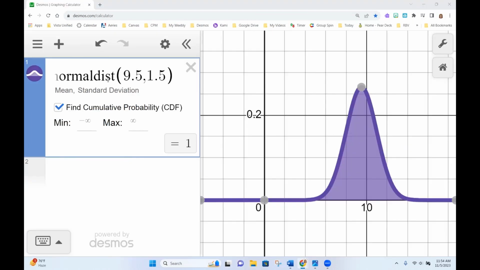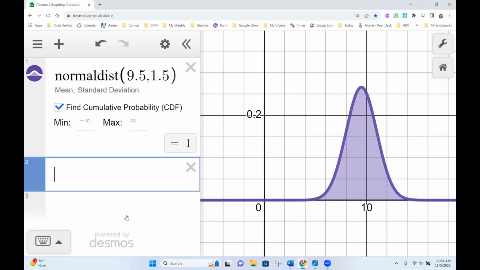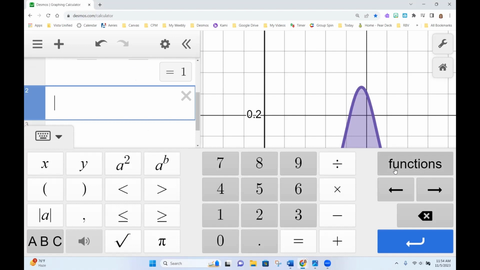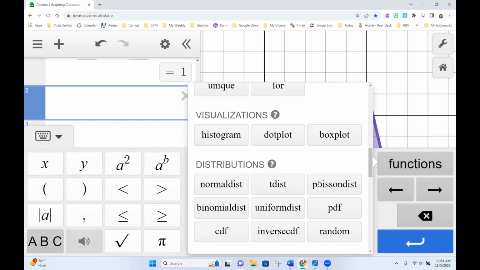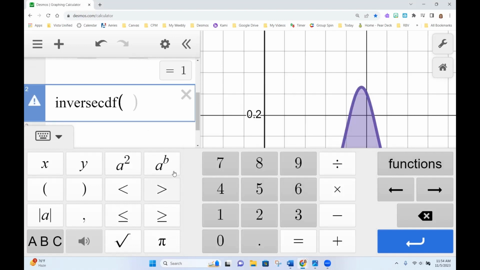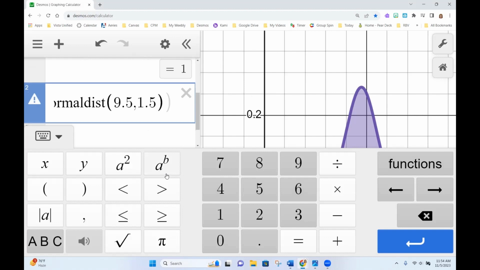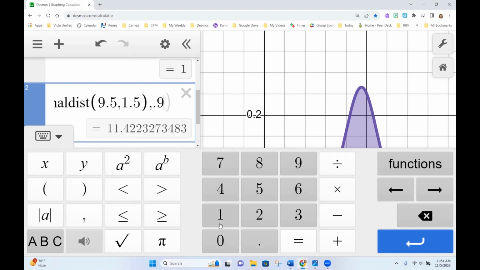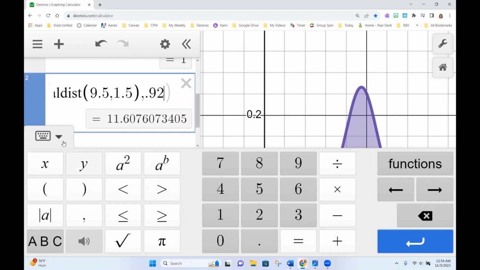So I put in the normal distribution here. I'm going to need this, so I'm just going to copy this. And I'm going to come here to inverse norm or inverse CDF and put that in there, because that's the normal distribution with the mean and the standard deviation I want, comma, the area I want, which was 0.92.